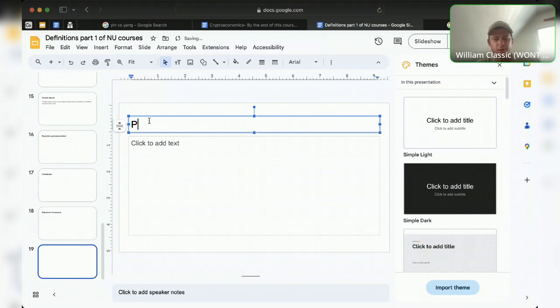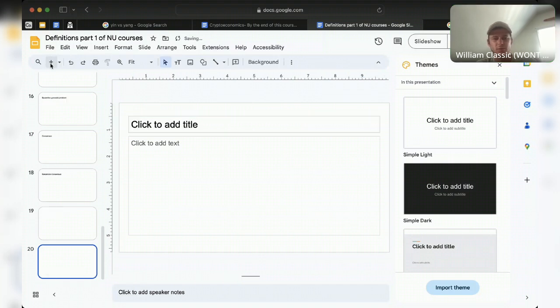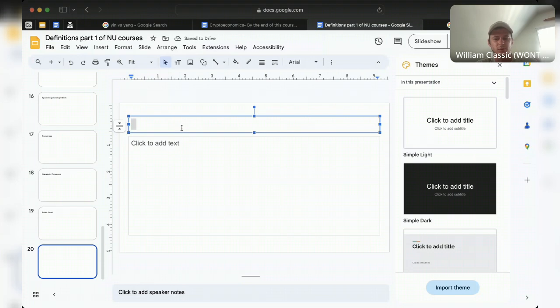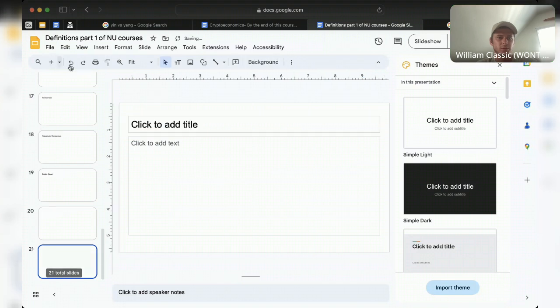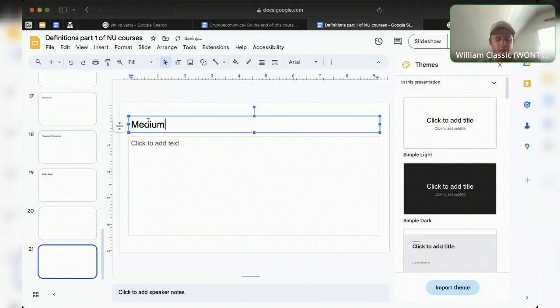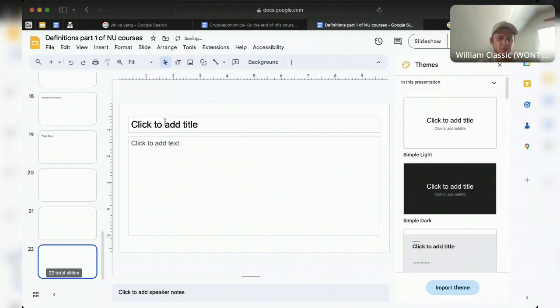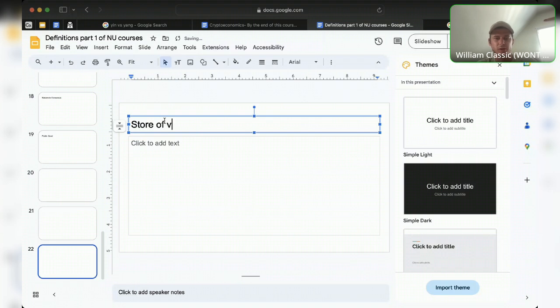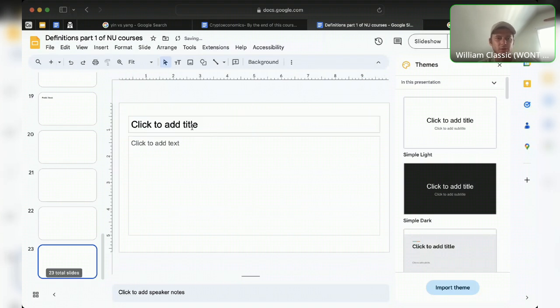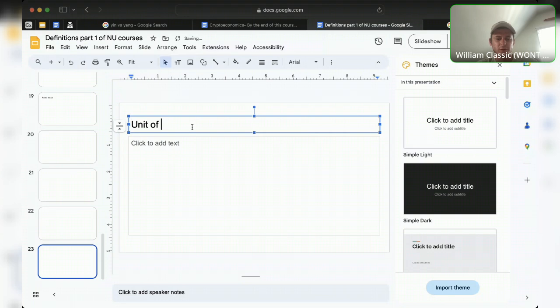Let's see, public good. Utility. Medium of exchange. Store of value. Unit of account.